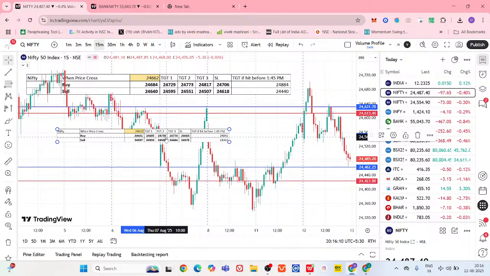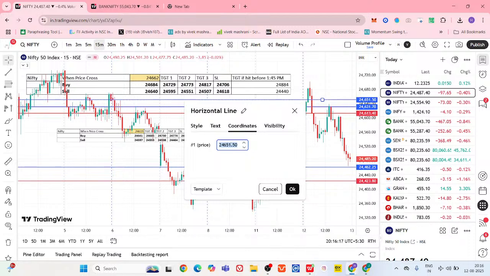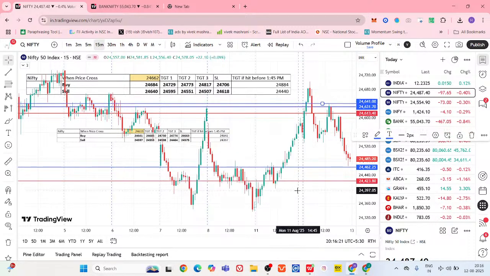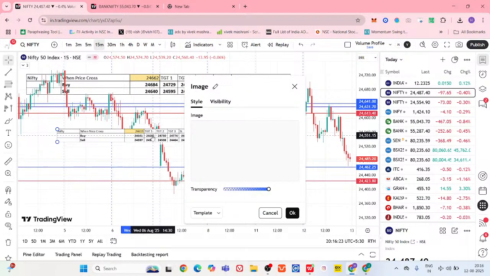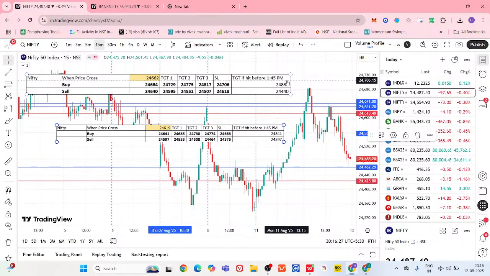Okay, for example, 641 was the entry, right? Let us put this 24641. Target was 24,685. I think you can all see, right? 685. I'll just make it bigger. 685 was done. Right?